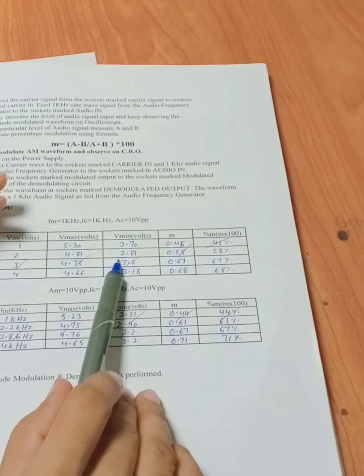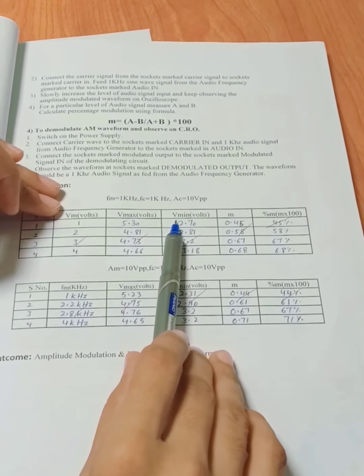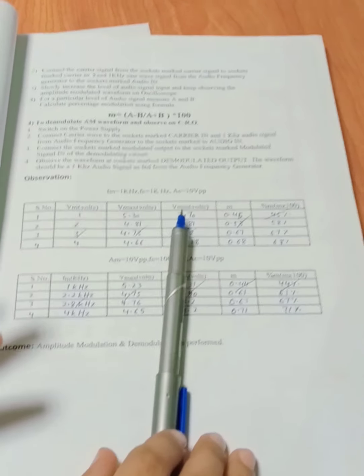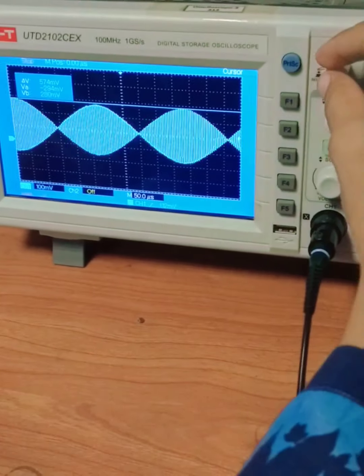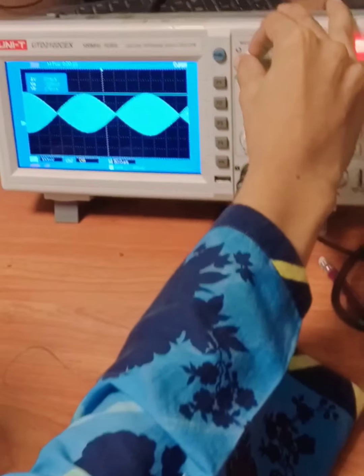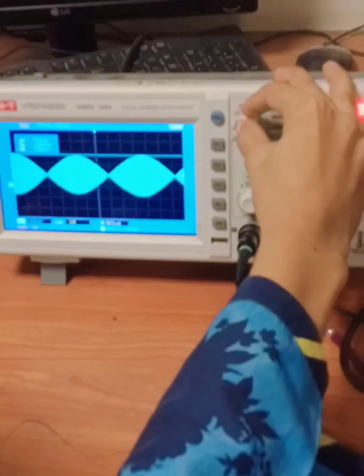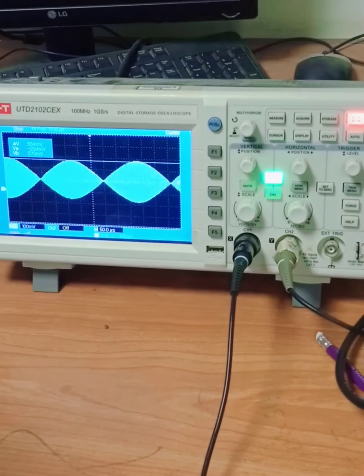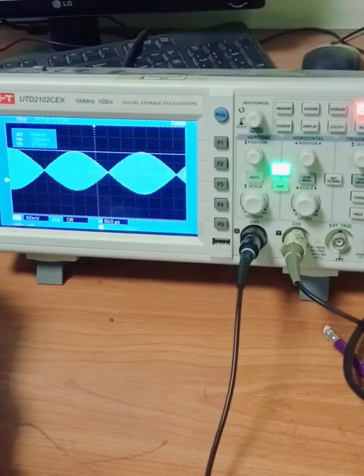Okay, now we will check how to measure the maximum value and the minimum value of the amplitude modulated signal on the oscilloscope. Using the cursor function, we have set our cursor on the top of the amplitude modulated signal, and you can see the reading Vp is equal to 270 millivolt.